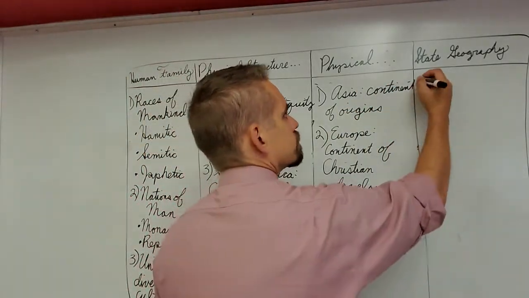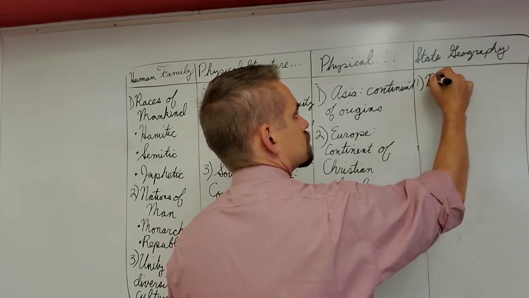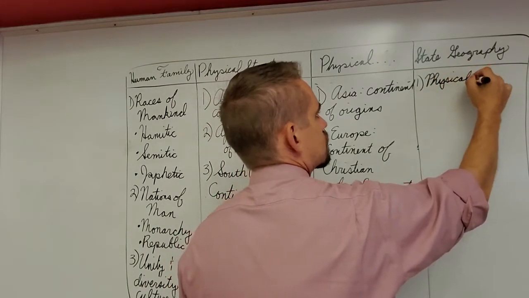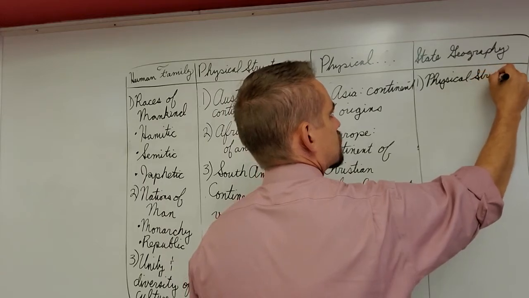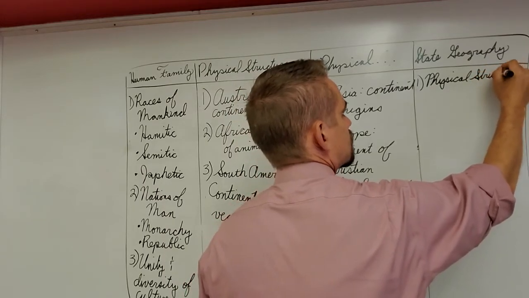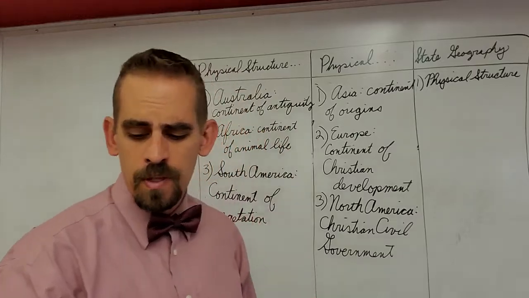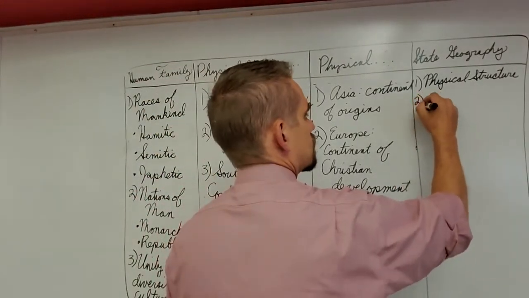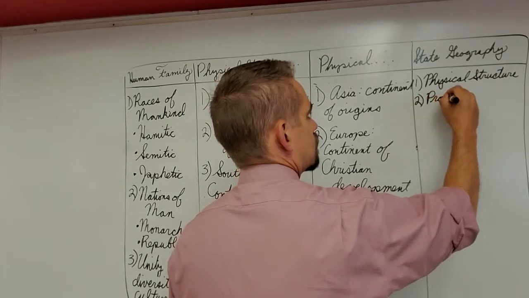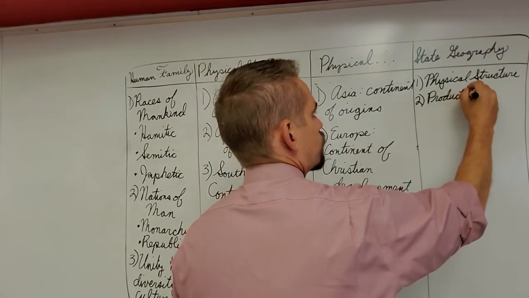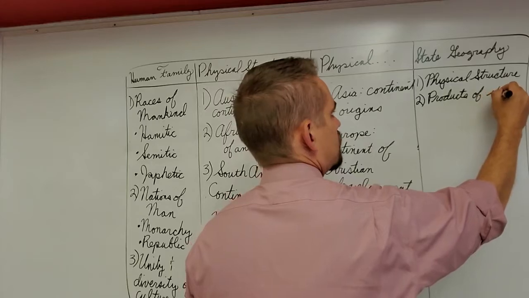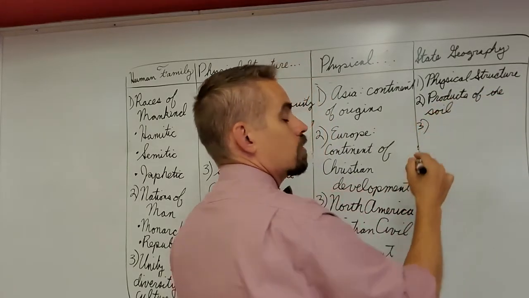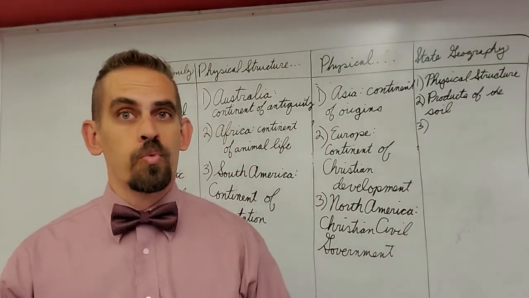Number one, we'll look at physical structure. Number 2, we'll look at products of the soil. What's grown, which is something that's very important.